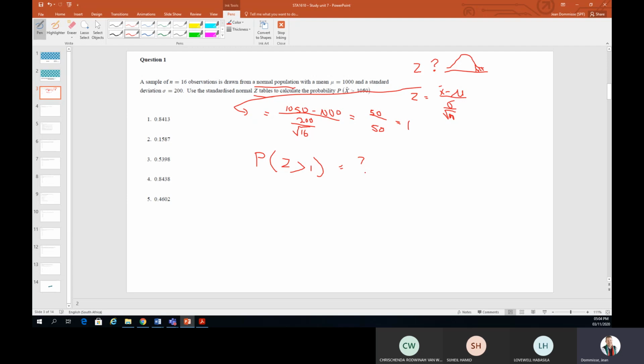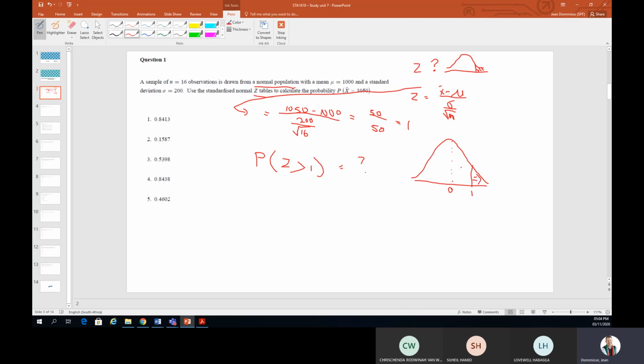Then if I'm using my diagram, I know from last week that this is 0, so 1 is going to sit somewhere there. I need to get that probability.